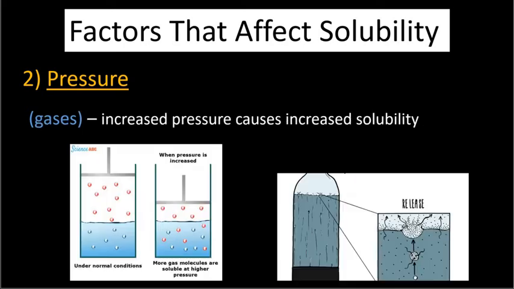Now, very different story when we're talking about gases. For gases, increased pressure causes increased solubility. If you look at the picture on the left, you have this gas, it's kind of dissolved in the liquid over here. You can see normal conditions. However, when you compress it, gases are easily compressed. And what happens is it pushes the gas down into the solvent.